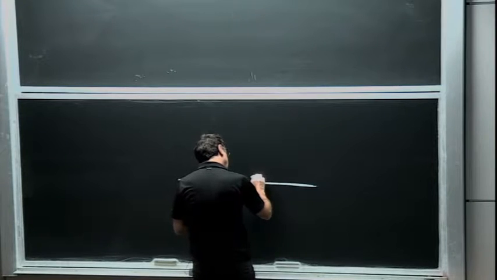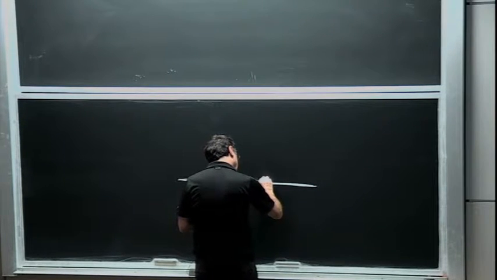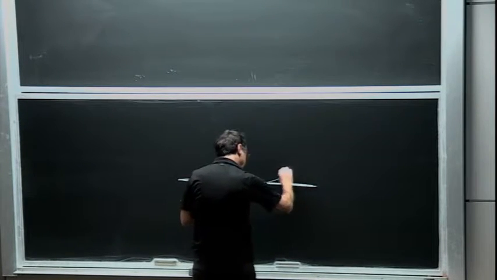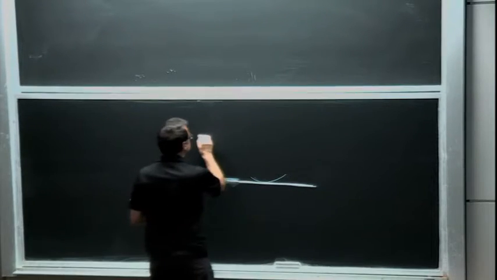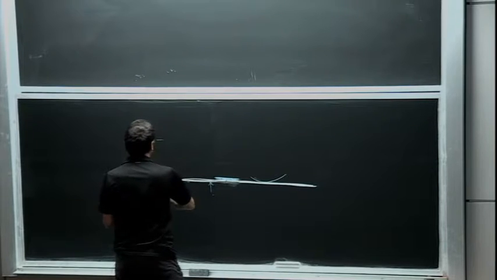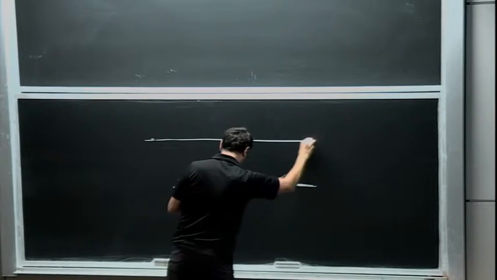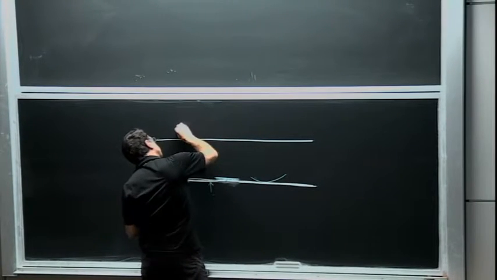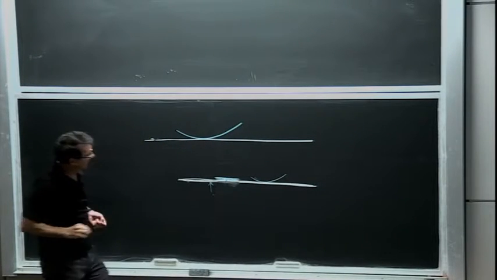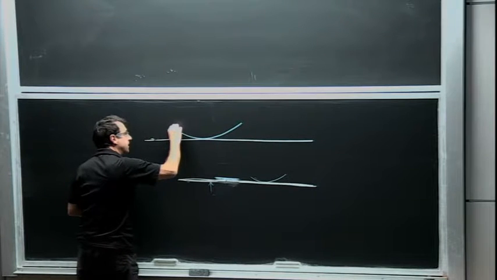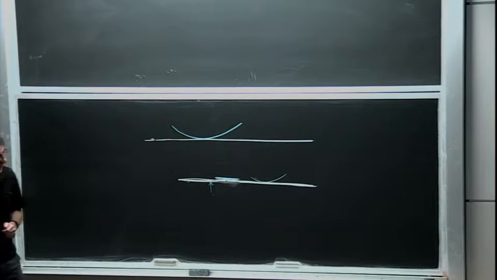So a little bit later, you're going to have a shape like that, right? Let's draw it a little bit bigger. So after some time, you're going to have a shape like that.